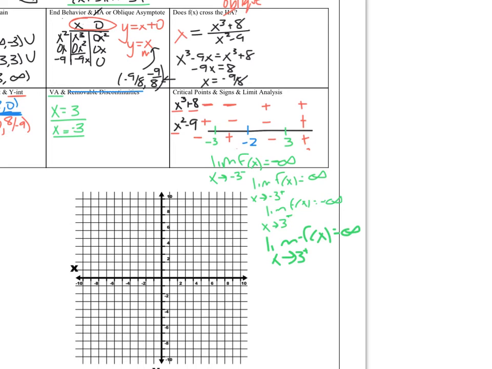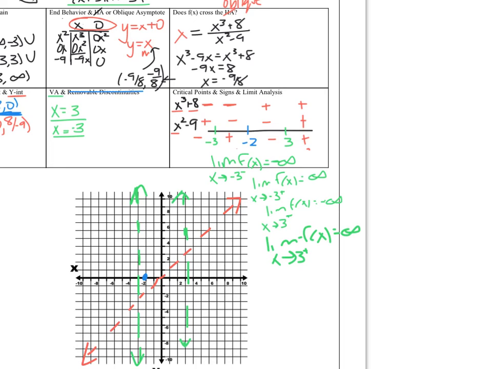All right, so let's sketch some stuff. So I have my vertical asymptotes at negative 3 and positive 3. We now have a slant asymptote at y equals x. Let's do this beautiful, beautiful line through here. Cool, cool. Now I have my x-intercept at negative 2, 0.